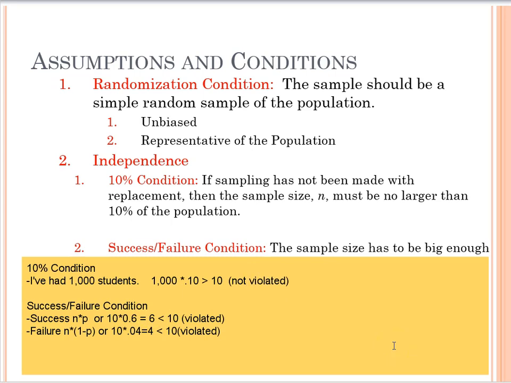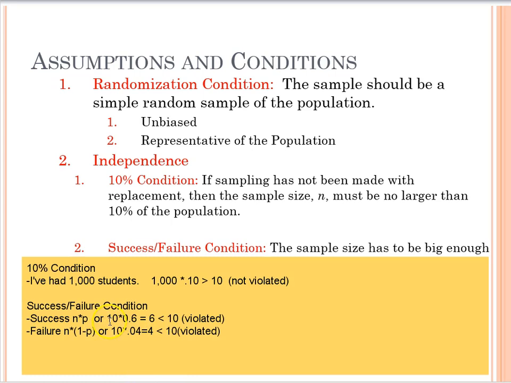And we can see that the 10% condition is not violated because 10% of 1,000 is just 100 students, and 100 students is greater than 10 students, so my sample is smaller than 10% of the population. So that's not violated. What is violated is the success-failure condition. The success-failure condition says that the number of successes has to be greater than 10, and the number of failures also has to be greater than 10.